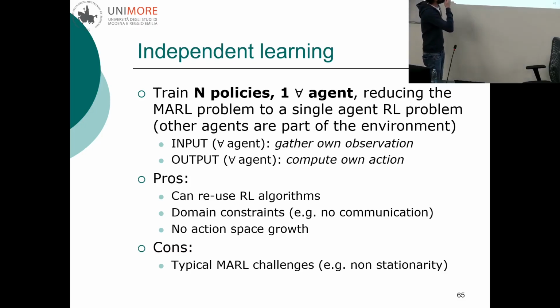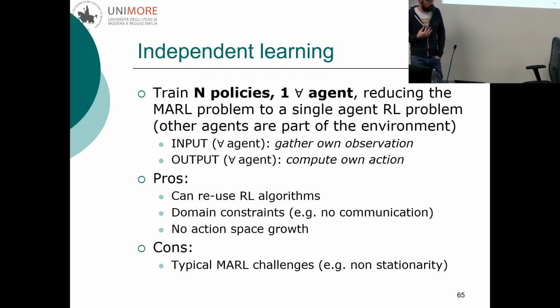So, the first benefit that stems from this fact is that in an independent learning multi-agent setting, I can simply reuse any existing single agent reinforcement learning algorithm. Every agent is on its own, they don't care about each other, they don't cooperate, they only learn from their own experiences. I can reuse any kind of single agent learning algorithm.